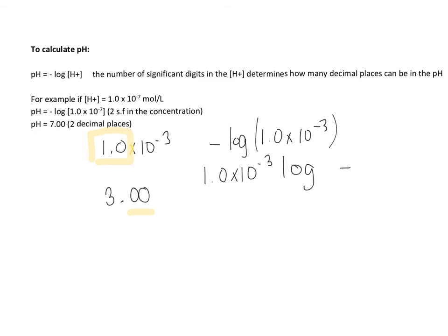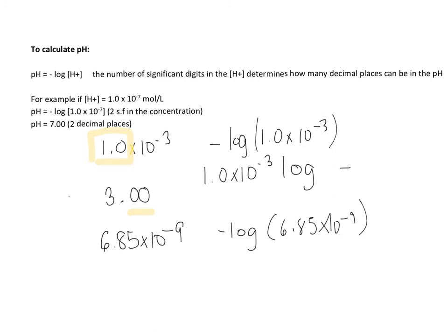So let's do another one. Perhaps we have 6.85 times 10 to the negative 9 moles per liter. And I need to find the pH. So negative log of 6.85 times 10 to the negative 9, or 6.85 times 10 to the negative 9 log negative, depending on your calculator.